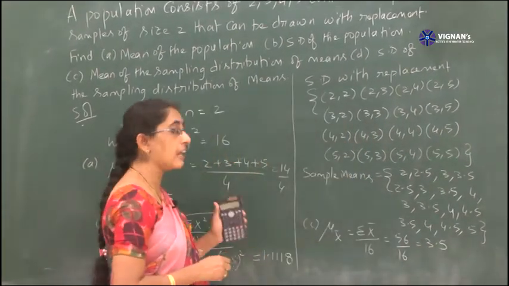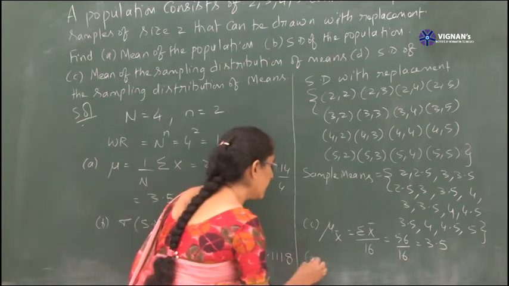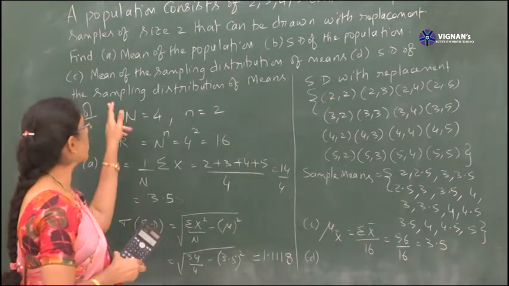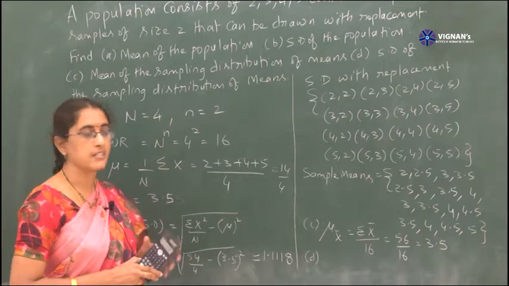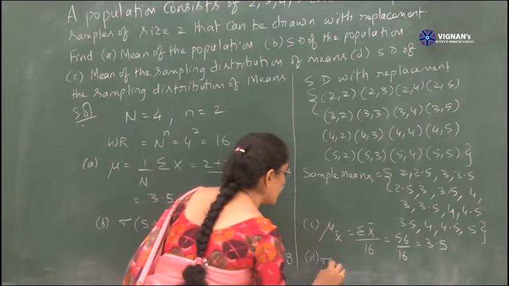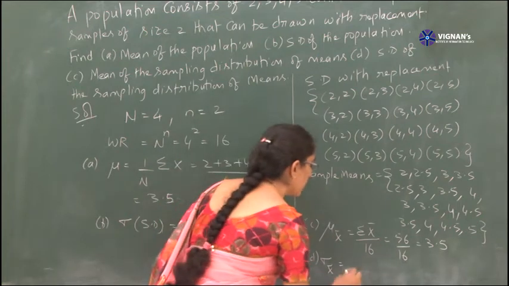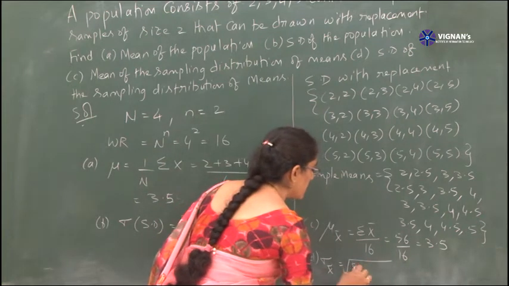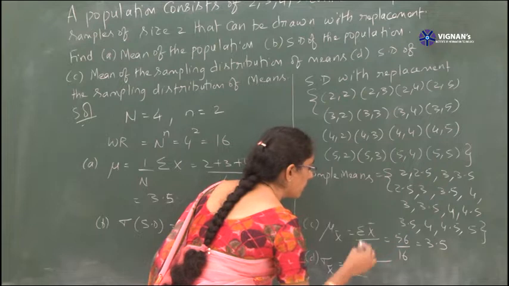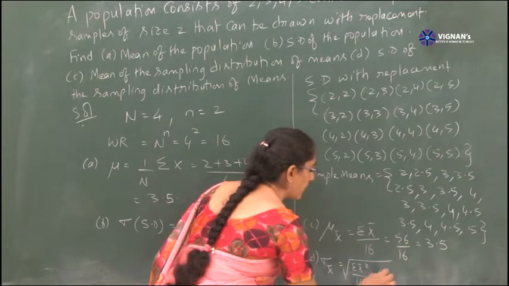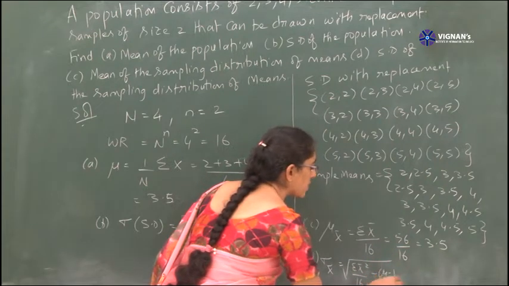The last thing you have to find is the standard deviation of the sampling distribution of means. The notation is sigma x bar. It is given by the formula: square root of summation x bar square by 16 minus mu x bar square.